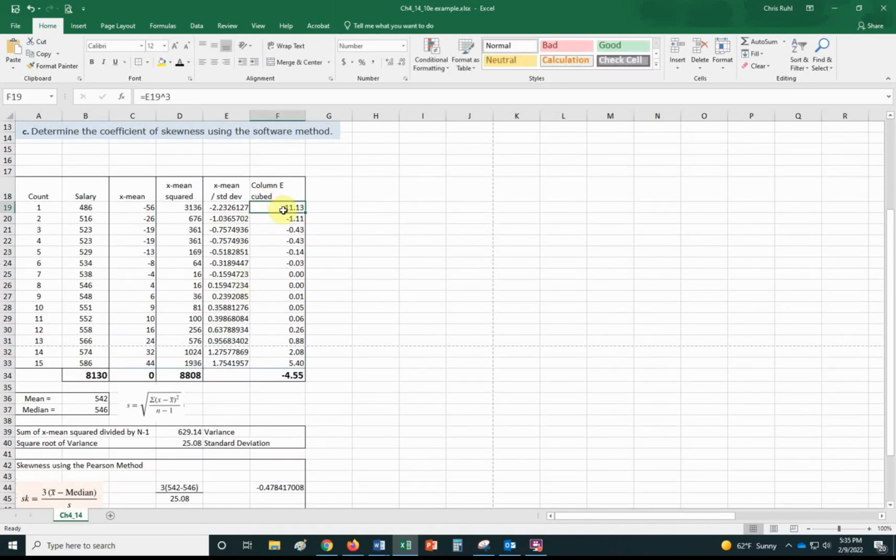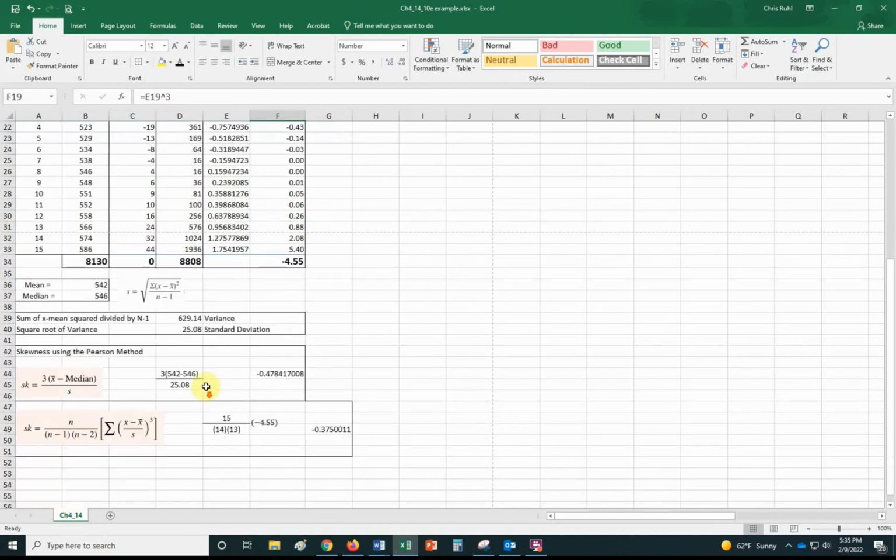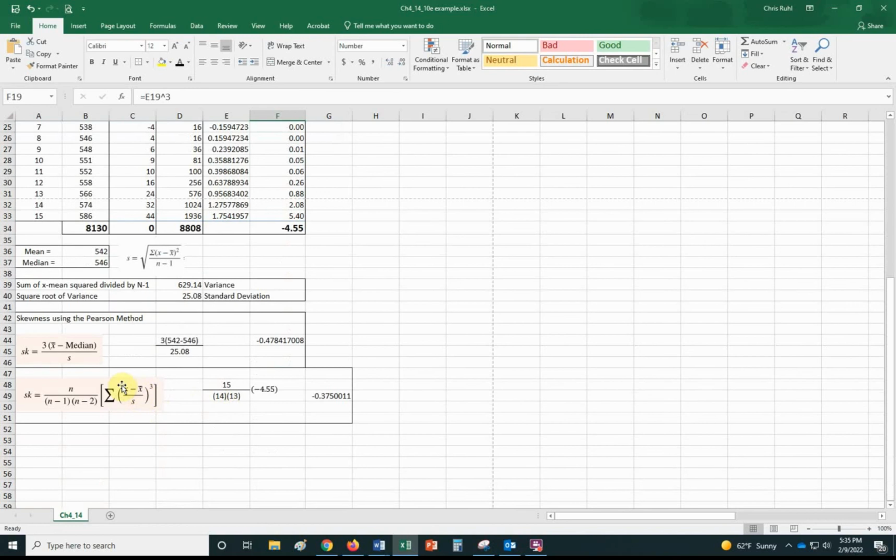And then this number over here is this fraction cubed. That's what this caret E19 is, this guy. And then there's a caret, which means to the power of, and then I put in a 3. And I do that all the way down. So this first part is this inside fraction right here. Then I cube each one of those answers and add them up. And I come up with negative 4.55.